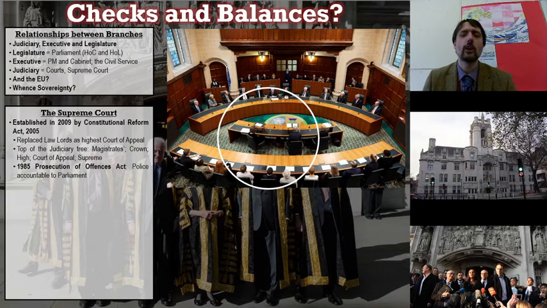One interesting corollary, which isn't actually part of the course, but I learned at university, and I've said before, I'm keen to prepare you for that, is the 1985 Prosecution of Offences Act, which hasn't changed. This act essentially made the police accountable to Parliament. The police services in this country are not accountable to judges, they are not accountable to courts, they are accountable to Parliament.